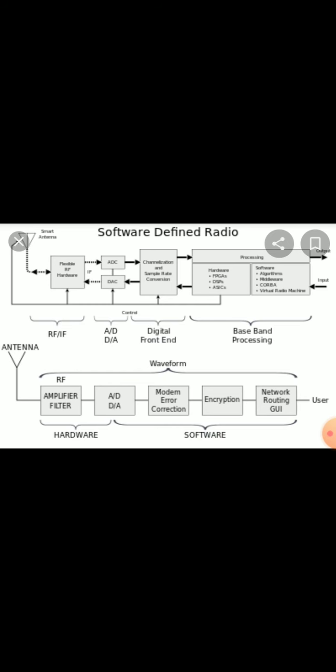We already know software defined radio is a radio. It provides software control over radio system functionalities, such as the frequency, the modulation type and the transmitted power. This is the main function of SDR in telecom.